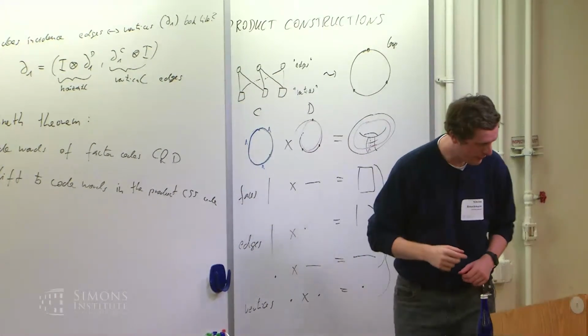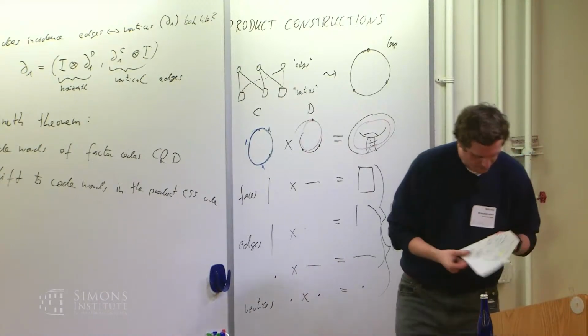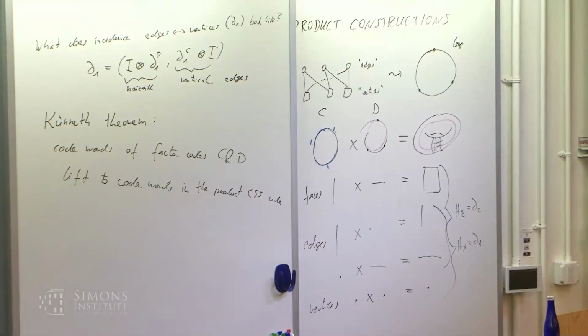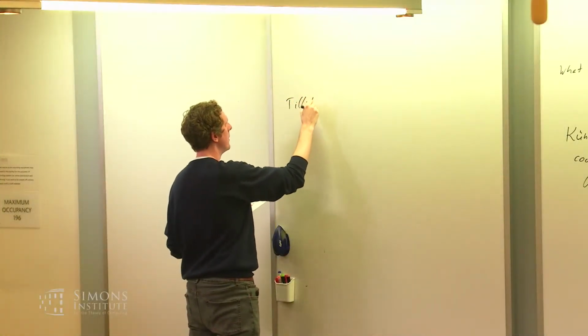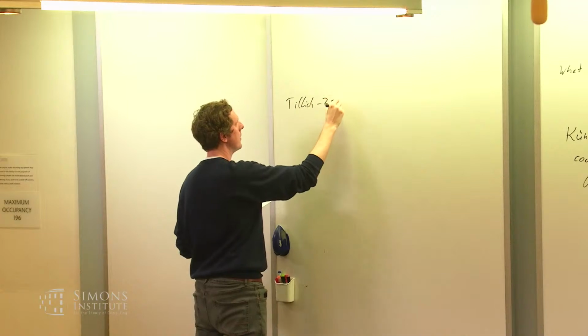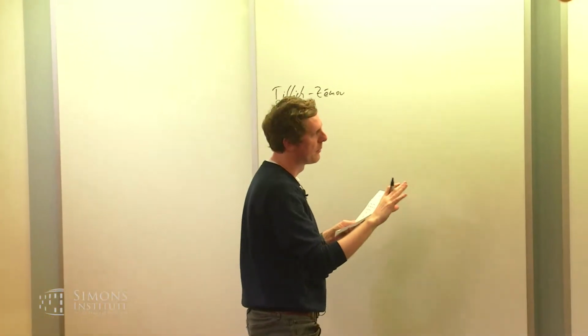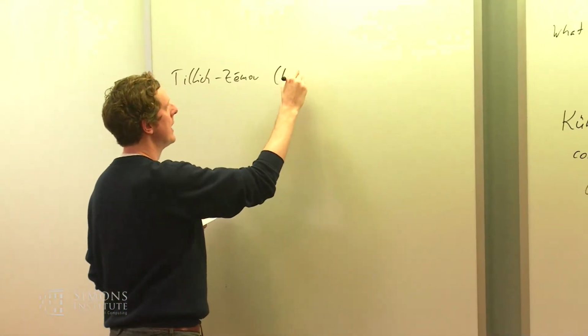Okay, let me get to the punchline. This is work by Tillich and Zémor. They had the more combinatorial view, and they called this construction hypergraph product codes.